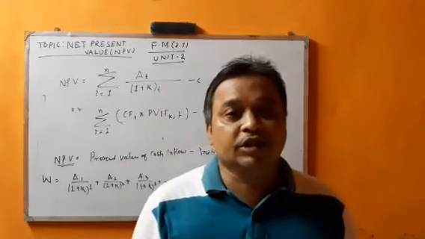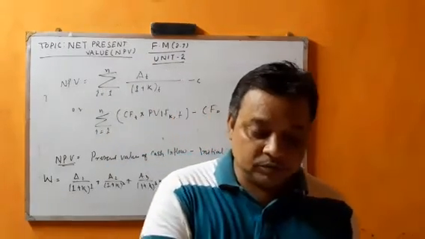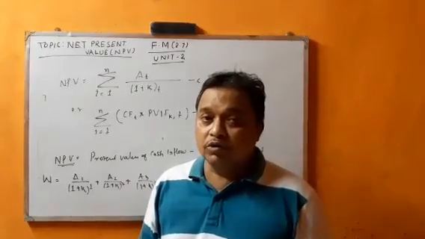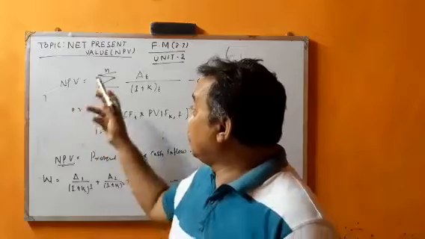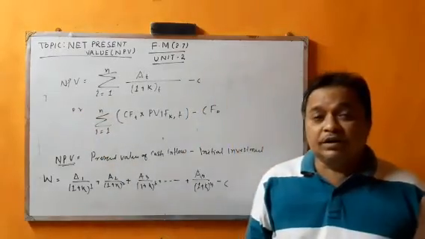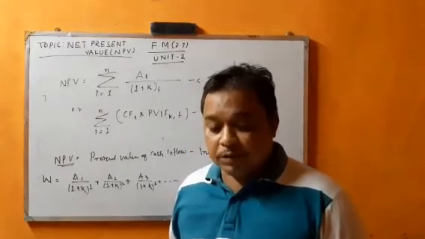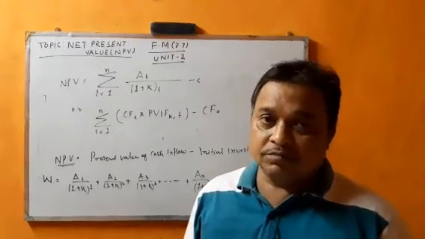And one thing you have to say: if NPV is greater than 0, then we have to accept it. I have already told you, if the net present value, NPV, is more than 0, then we have to accept the project. If it is less than 0, then we have to reject the project.